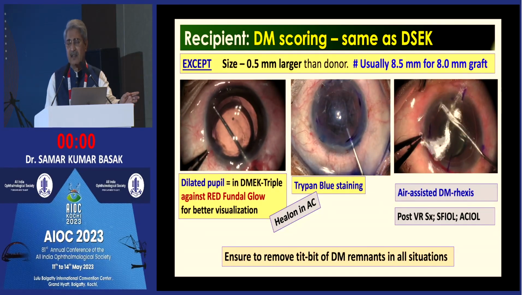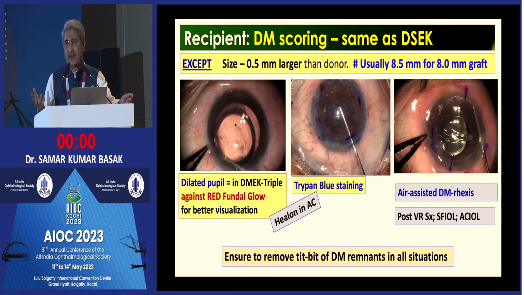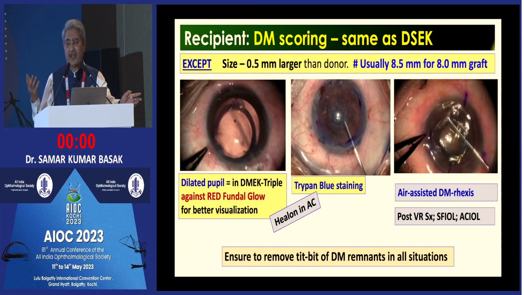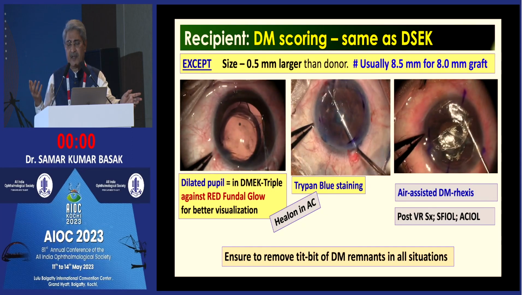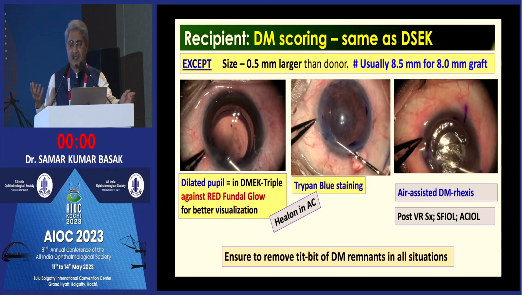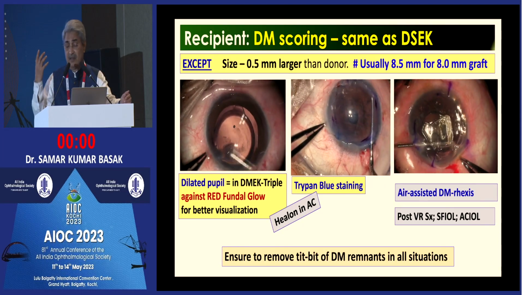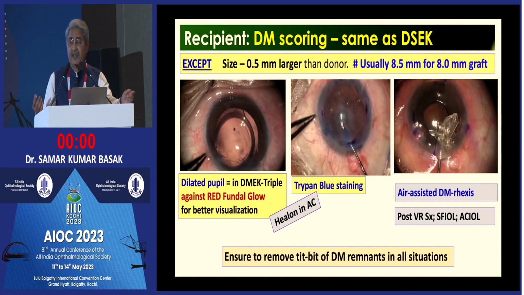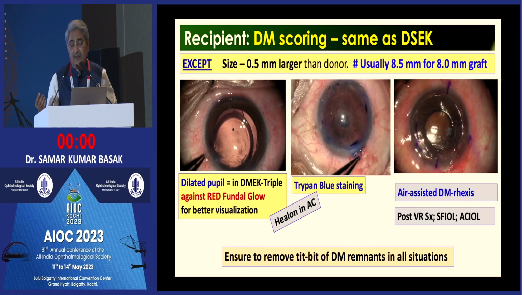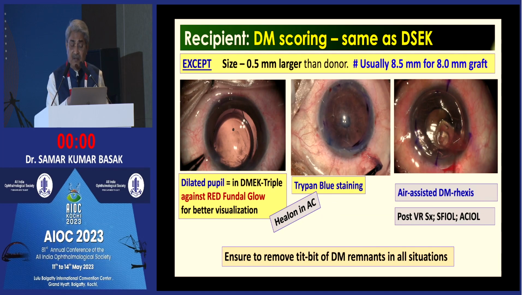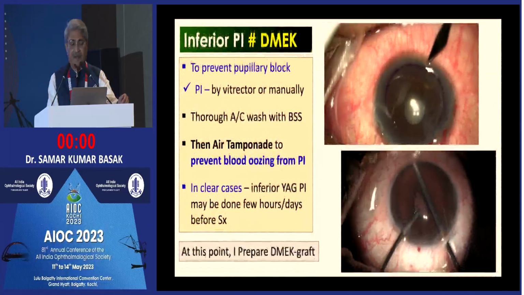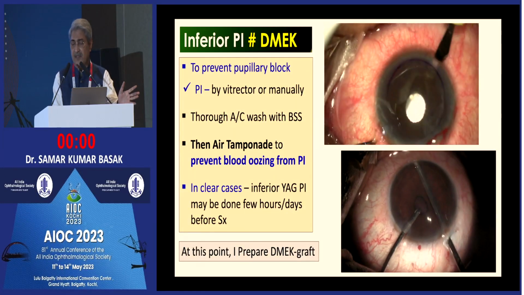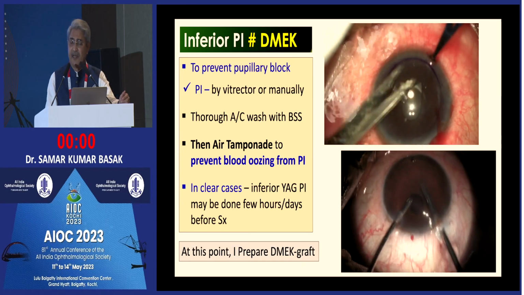Second thing is the DM scoring. When you do the DM scoring, it must be 0.5 to 0.75 depending upon the corneal diameter. And always use air assisted in cases where you have post VR surgery, SFIOL, SEIOL, where the anatomy is different. Remember to remove all tidbits of DM from the central part, because that is sometimes a cause of donor detachment. Inferior PI is of course required, but many people are not doing inferior.